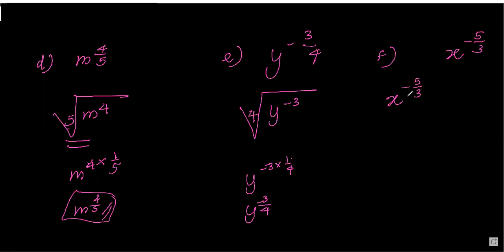Then you can write inside the hook of this, minus 5, x to the power minus 5, 3 inside the hook, sorry, 3 and minus 5. I think all of you can understand this, no? Udita, can you understand now?